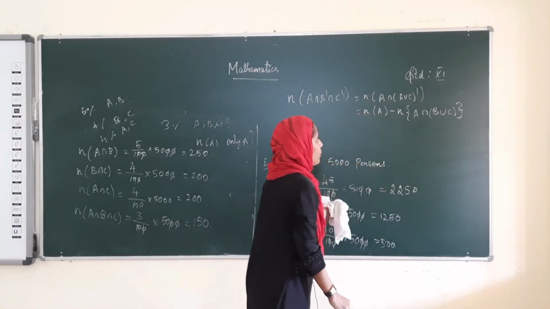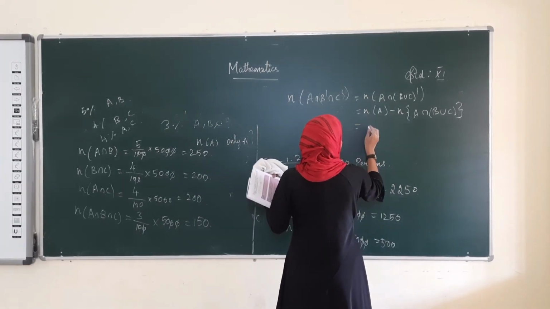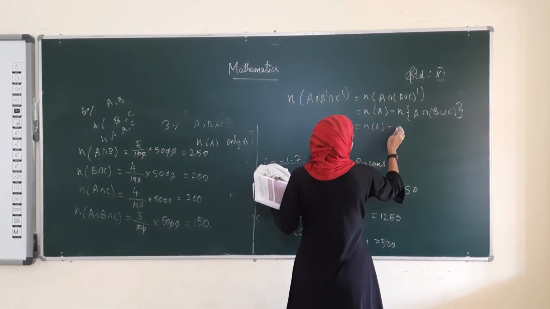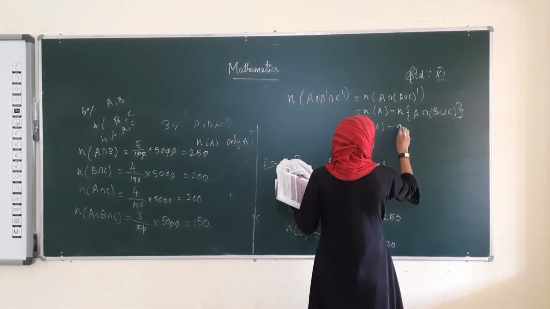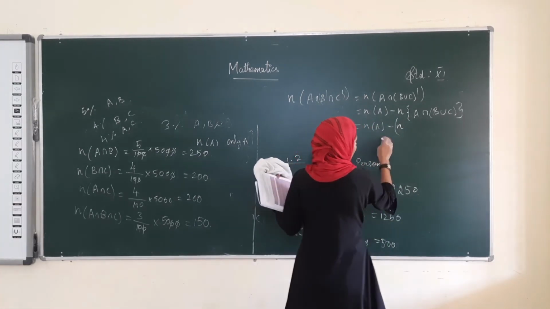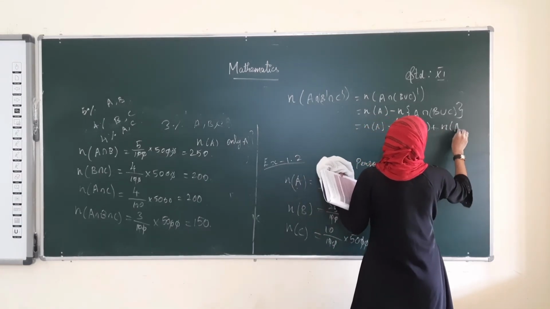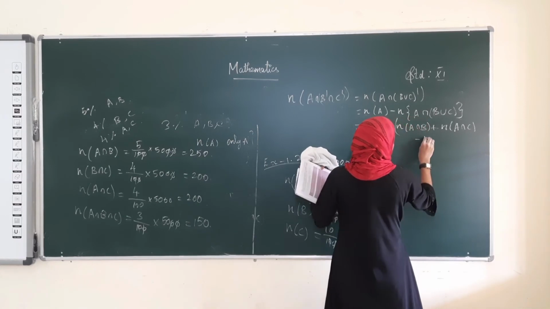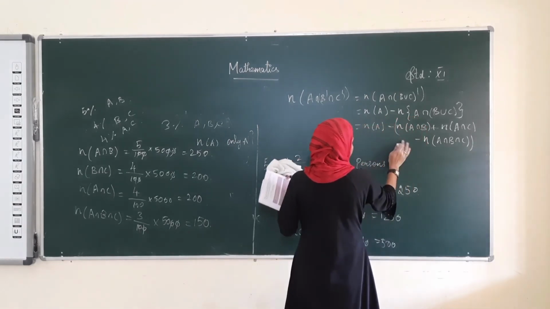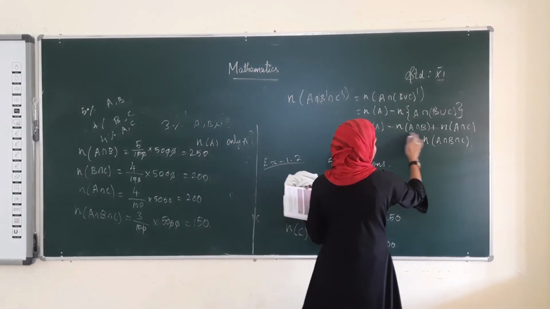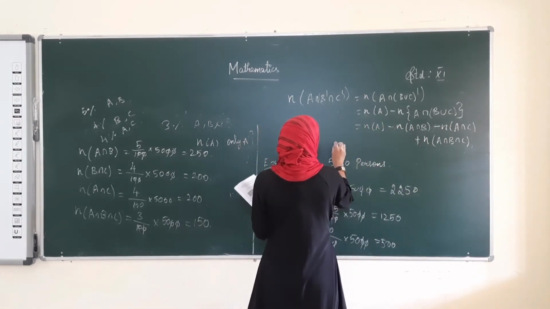Next, see here, n of A, let us take as it is. n of A intersection (B union C) can be written as, let us take this minus as it is, n of A intersection B plus n of A intersection C minus n of A intersection B intersection C. When we take this minus inside, what happens? This becomes minus, this becomes minus, and this becomes plus. Okay, we know all the answers.